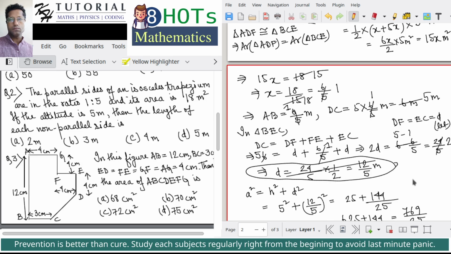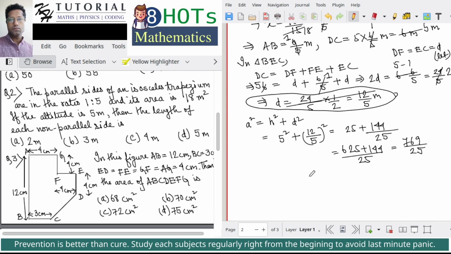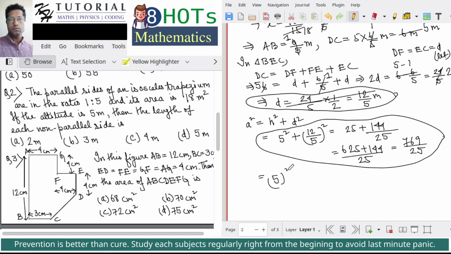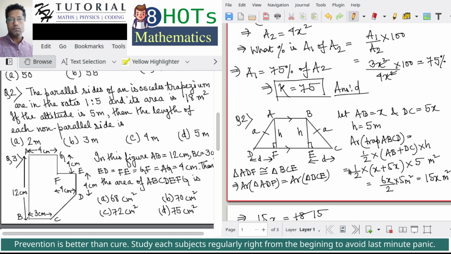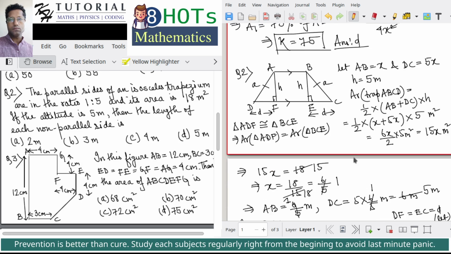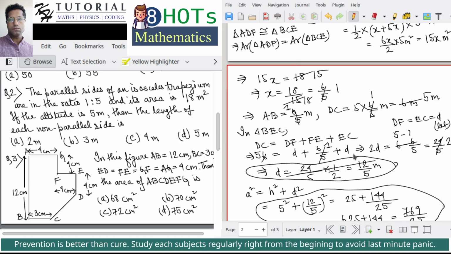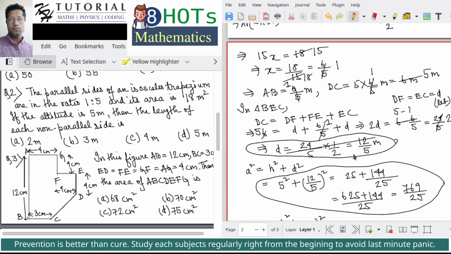So if D is 2, now we can find what will be A, the length of each of the non-parallel side. Okay. So what is D coming?